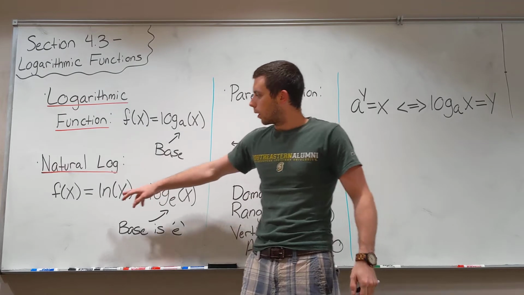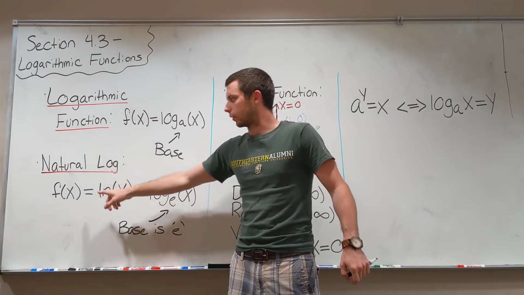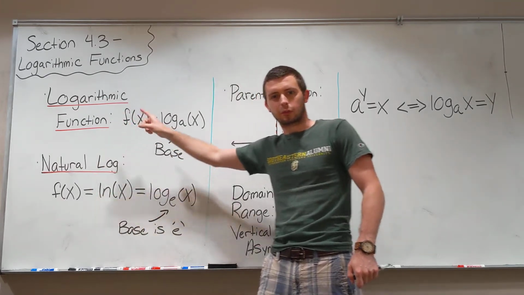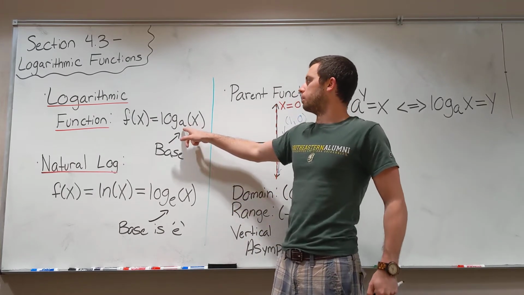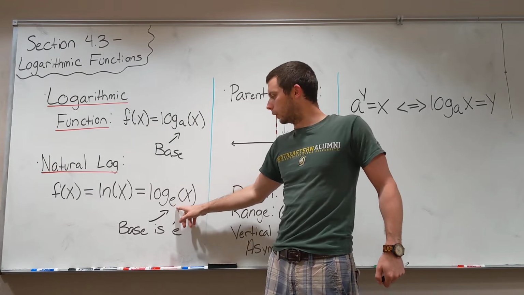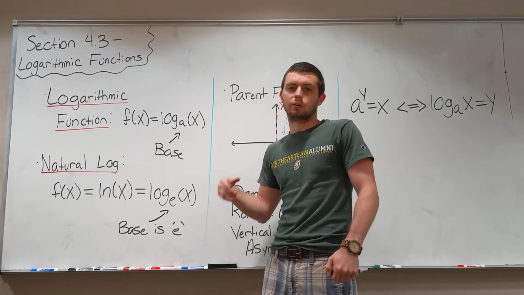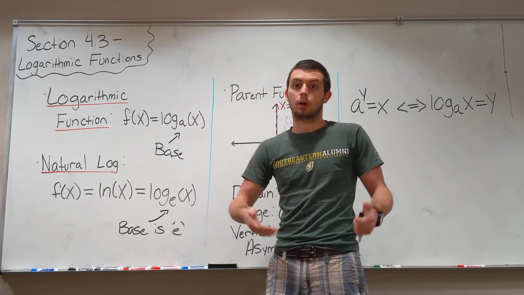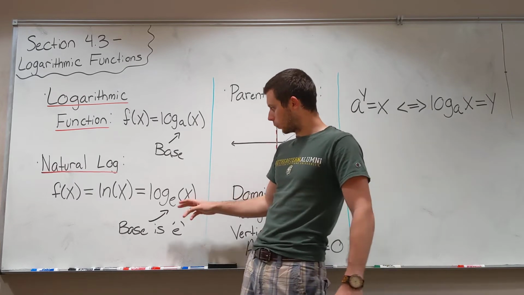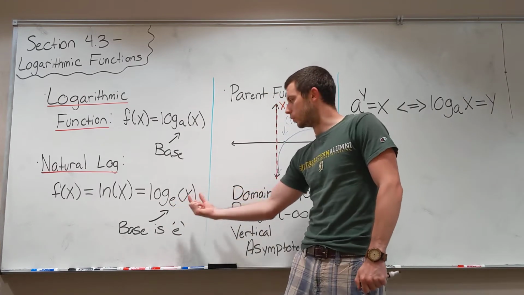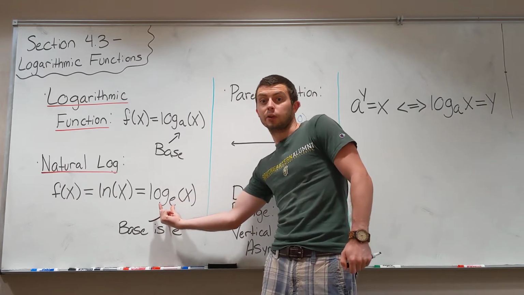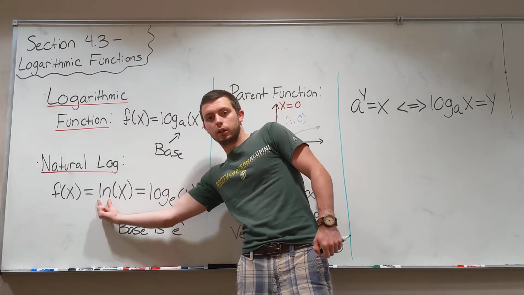How this is related to log: I said the natural log is a special type of logarithm. This is when the base is the number e, which we talked about in the previous section, Euler's number. If you have log base e of x, you can swap out that notation simply for ln.